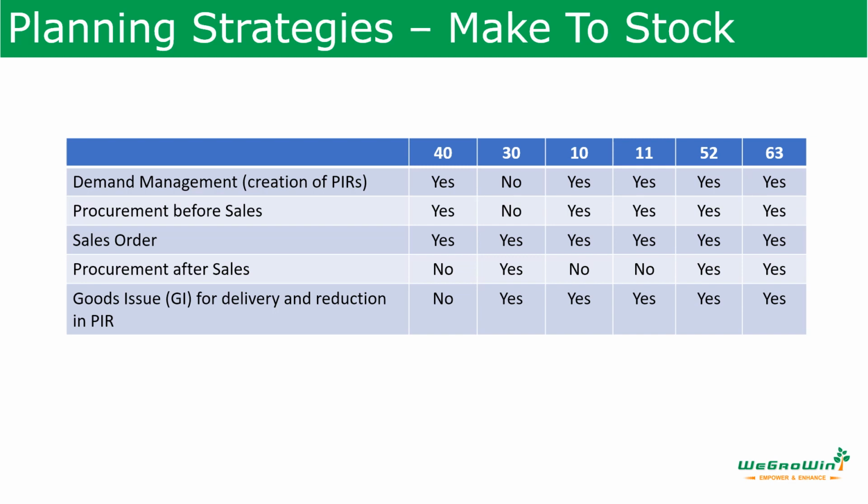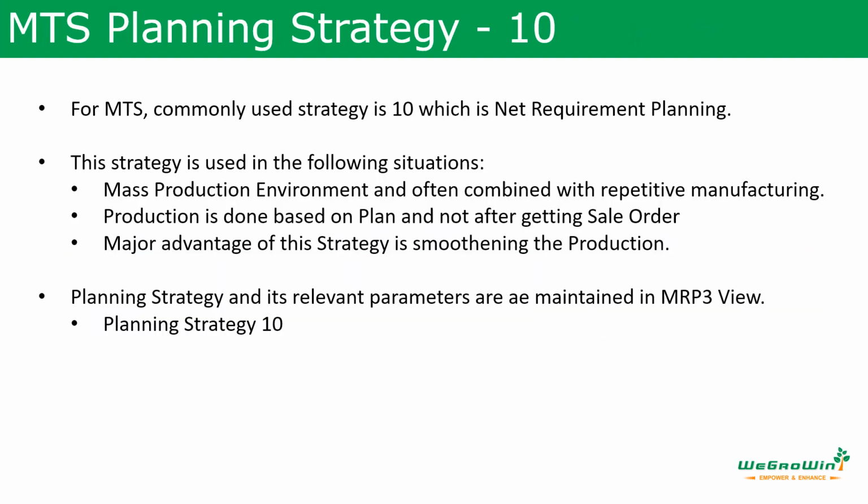And a goods issue for delivery creation, which leads to reduction in PR, is happening in strategies other than 40, because in 40 when I create the sales order, the strategy is getting consumed. We'll see individually all the strategies like 10, 11 and 30, how strategies are entered, how the demands are consumed, so that we can understand this table clearly.